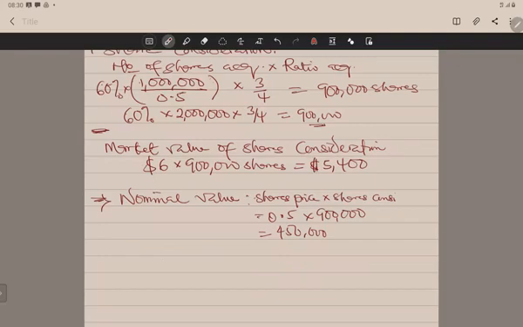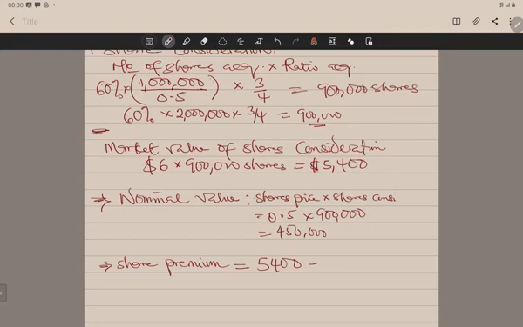So our share premium will now give us 5,400,000, that is 5.4, minus 450.